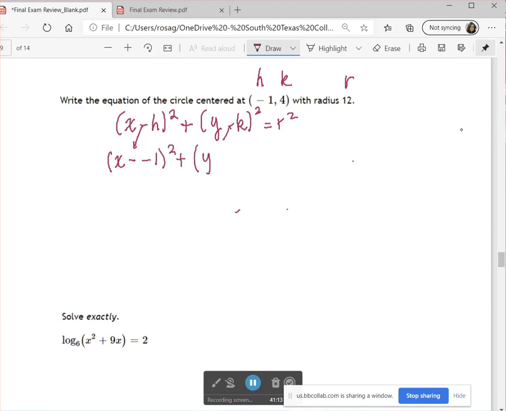And then y minus from the formula and then 4. And then my radius, which is 12, and then square. Now when I simplify this, two negatives are going to become a positive. And then 12 squared would be 140.